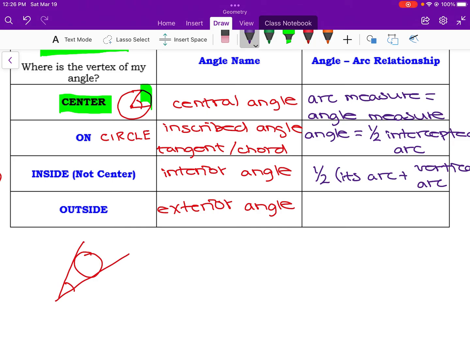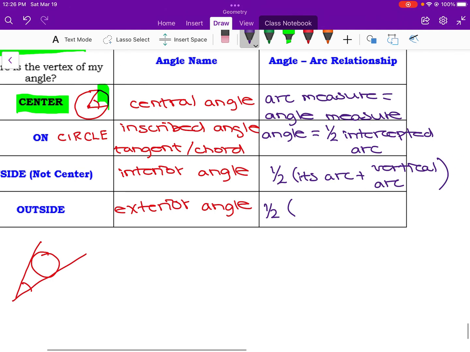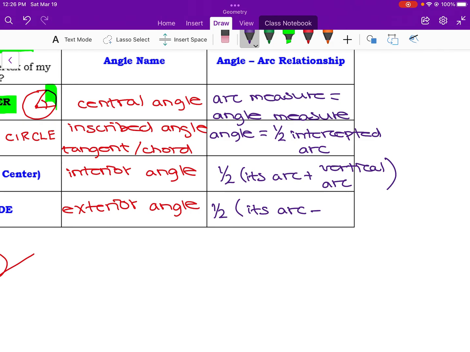And now its measure is going to be 1/2 of its arc, very similar to the previous calculation, minus, well, because we did away with the vertical nomenclature, let's say this is the outside arc, outside arc minus the inside arc. And that's really the better way to explain that.